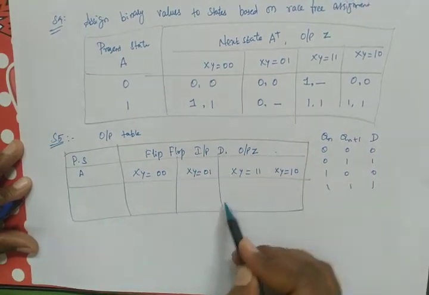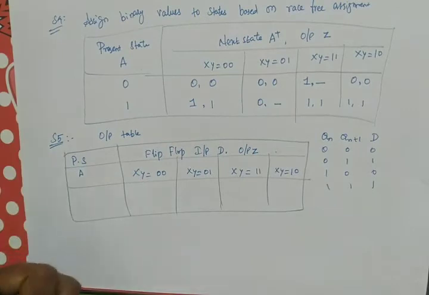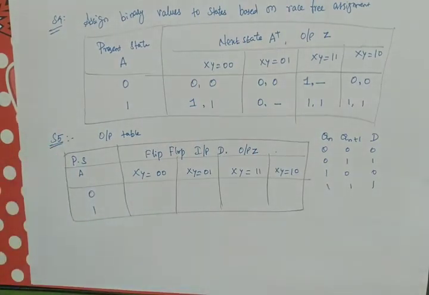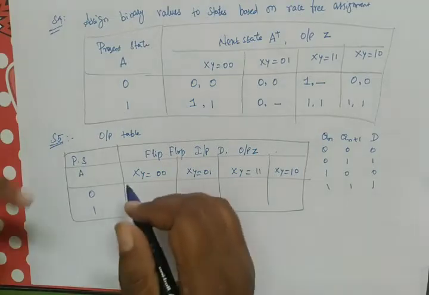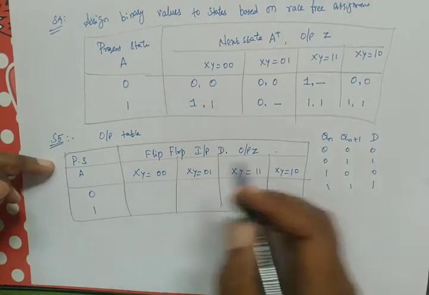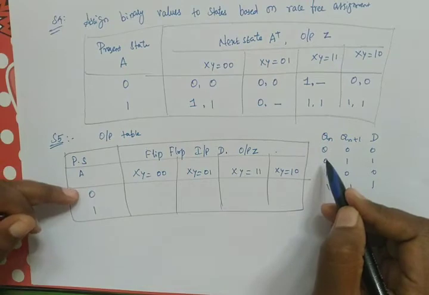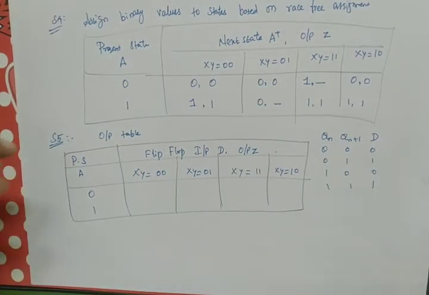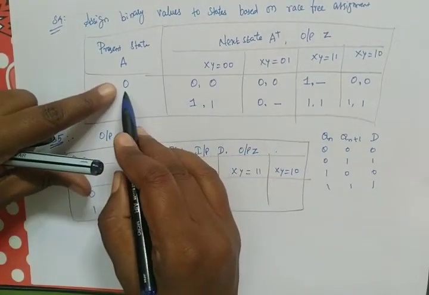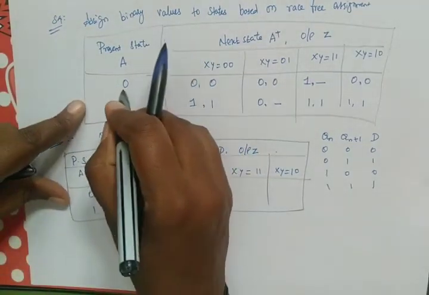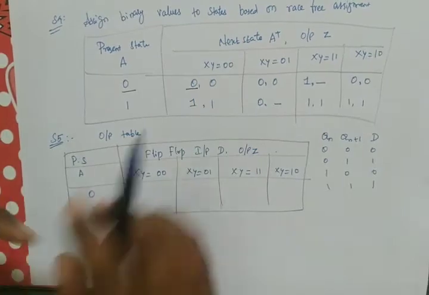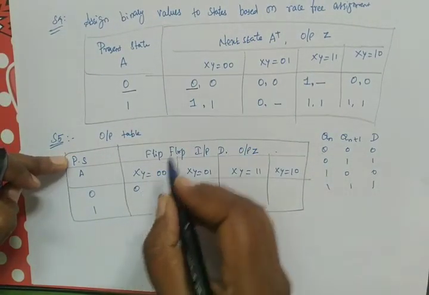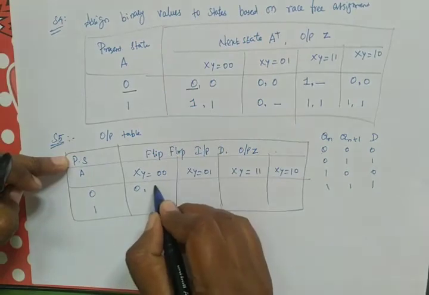Now here we have 0, here we have 01, isn't it? Now we have to check 00. If we have present state 0, we check this present state 0, next state 0. For 00, D flip-flop input is 0, and here we have output as 0.